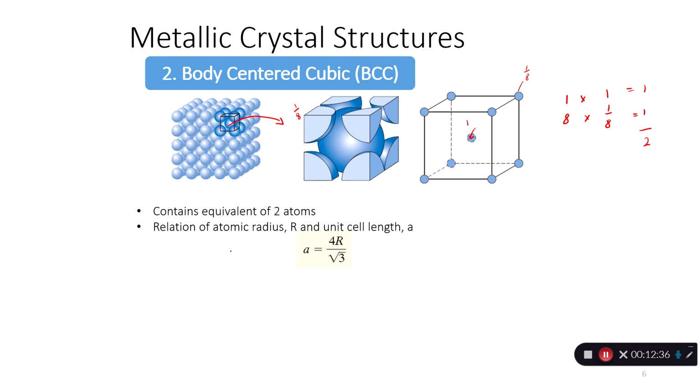Okay, so the relation of the atomic radius R and the unit cell length A. So I'm just going to brief you on this. I will give you an exercise maybe in the next class on this, but there's a tip. All right, so in the previous example, let's go back to that.